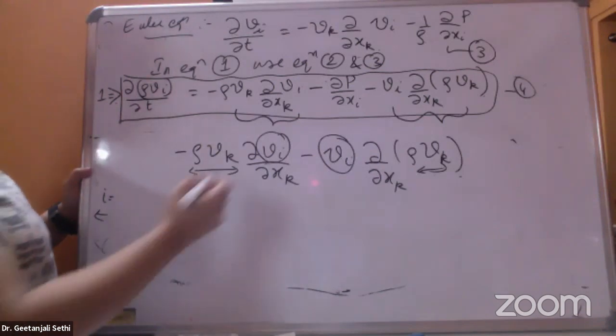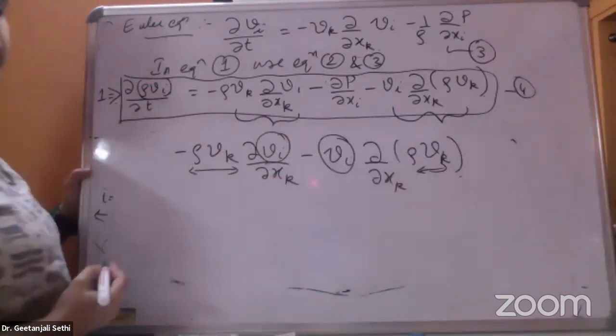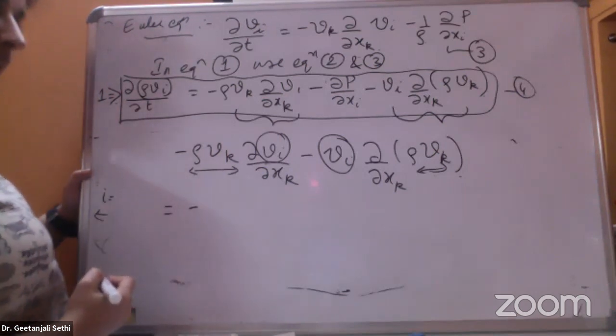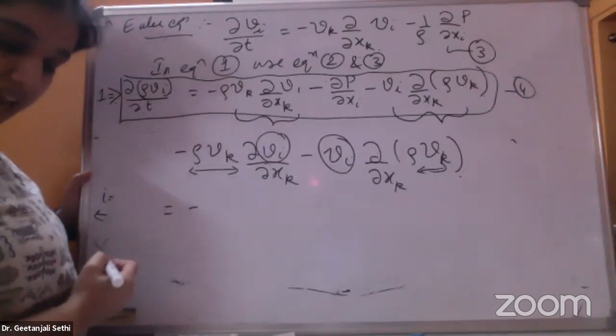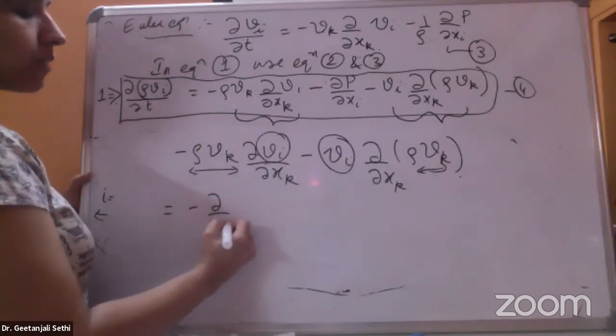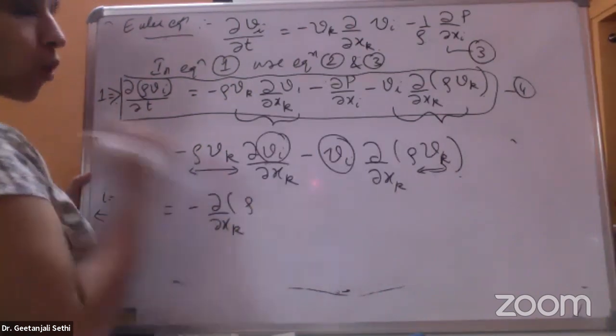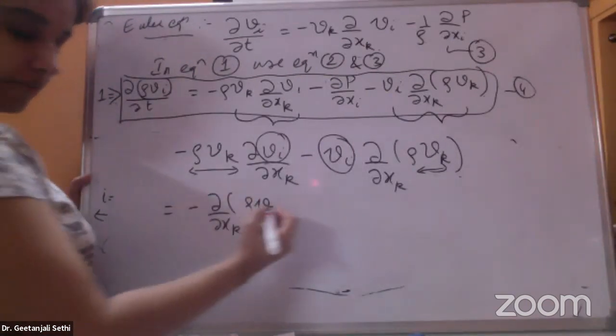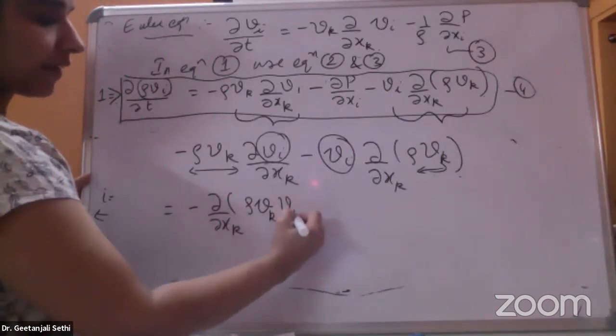So this is like the two terms from the product rule, and I can combine them and write this as del by del xk rho Vk Vi.